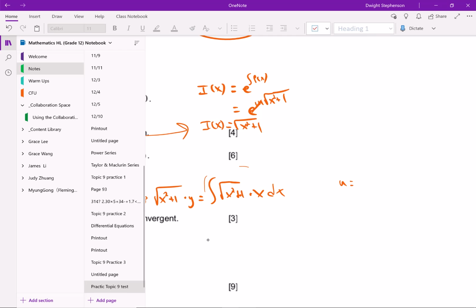You could say u equals x squared plus 1, and we're doing that so that this integral turns into the square root of u times x, and then if we take the derivative here, we can solve for dx. We get dx equals du over 2x. So instead of writing this dx, we write du over 2x, and this x cancels this x. So we're left with 1/2 times square root of u, which is u to the 1/2.